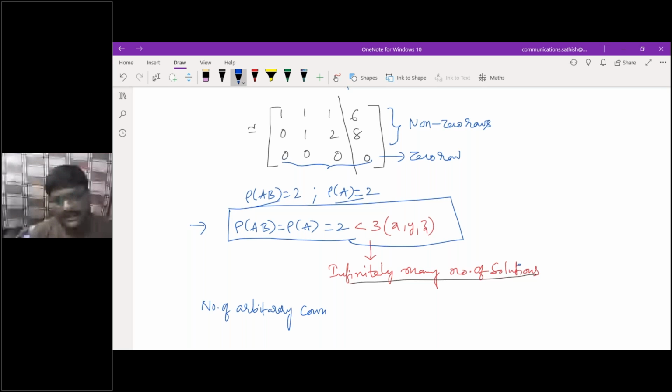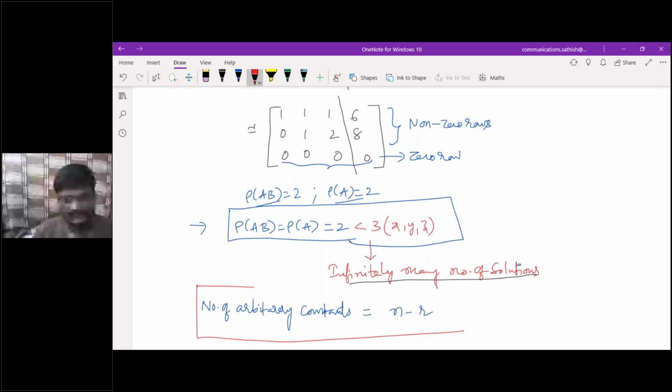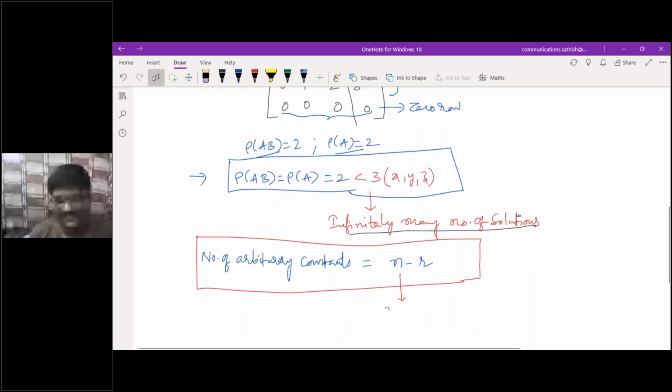The number of arbitrary constants is n minus r, where n is the number of unknowns or variables, whatever the case may be.